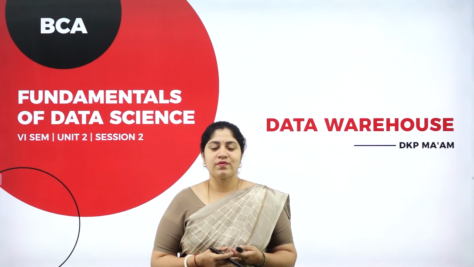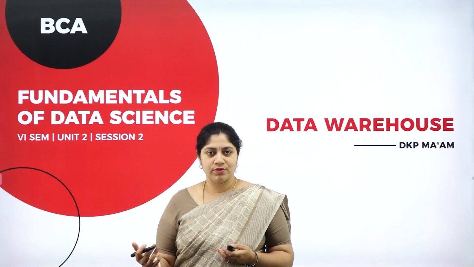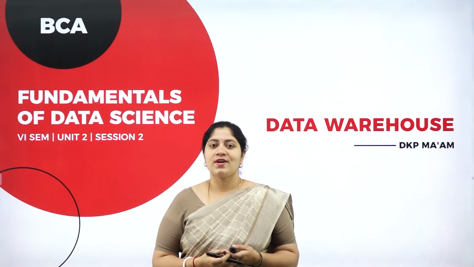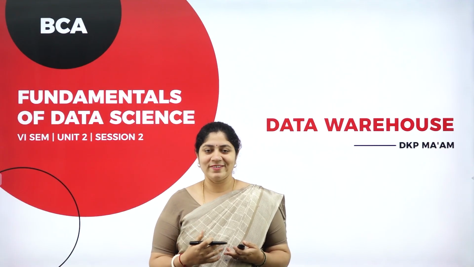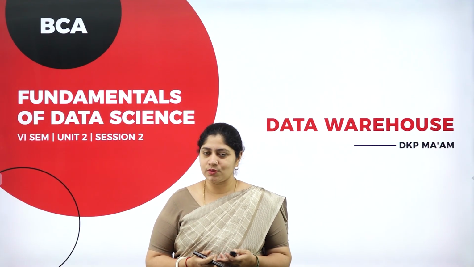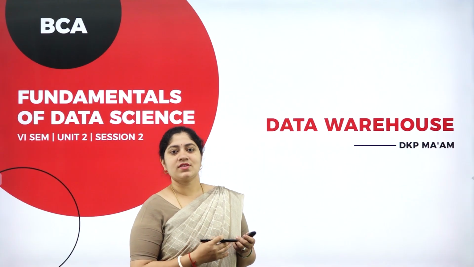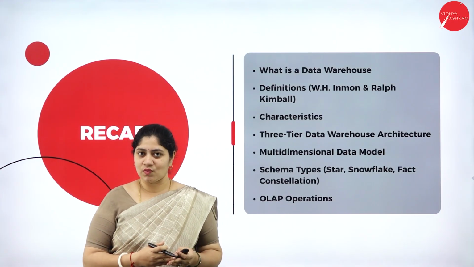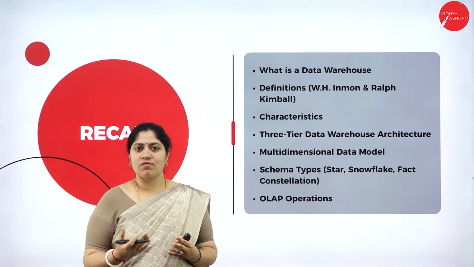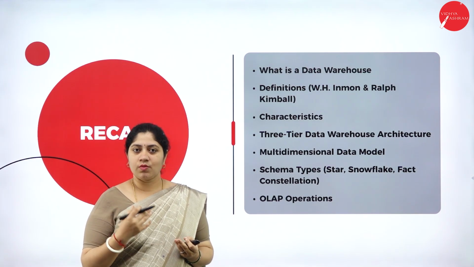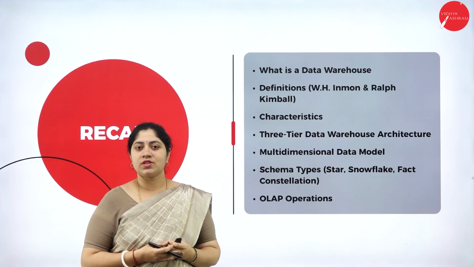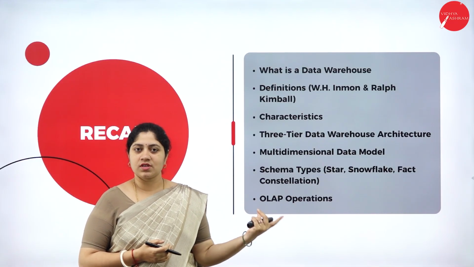I would like to say before this video, that's before session 2, there is one more session with respect to second unit, which we have covered before this. So I just request you to go back and check that video too. And now let's see what we have discussed in our session 1. In session 1, we understood what is a data warehouse, and with respect to various inventors, what are the definitions of data warehouse that we discussed there.